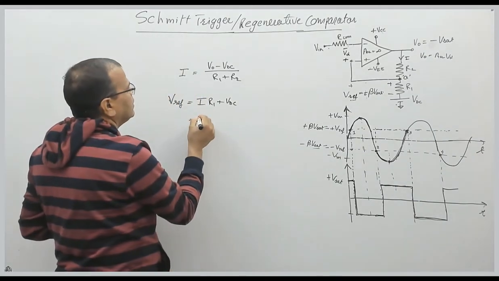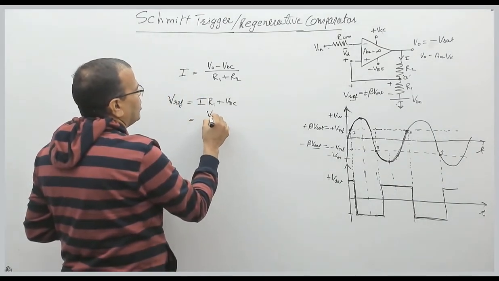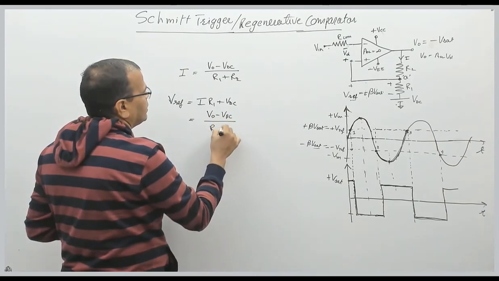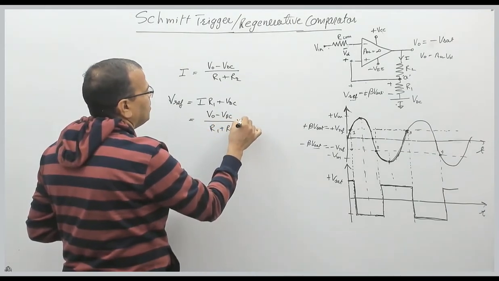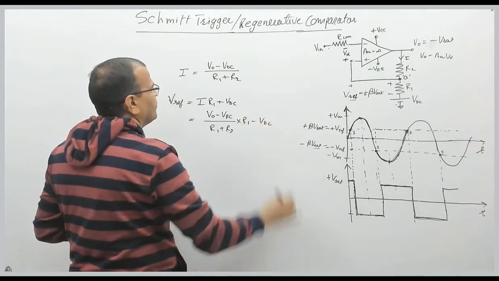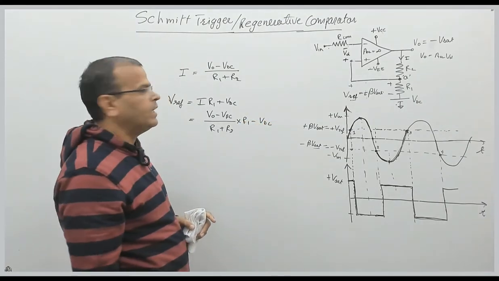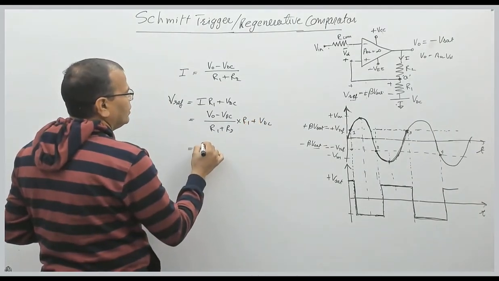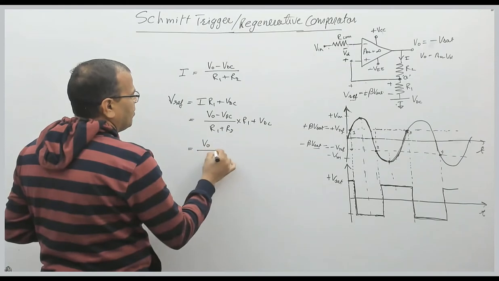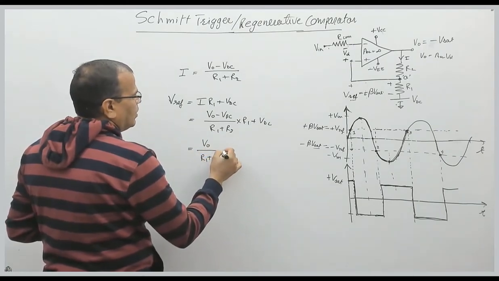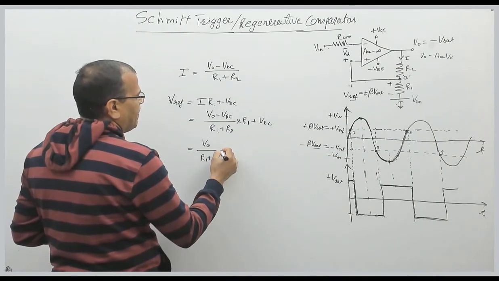So that is V0 minus VDC divided by R1 plus R2, that is the current, multiplied by R1, minus VDC, right? This plus VDC. So this gives V0 by R1 plus R2, then what will be there?